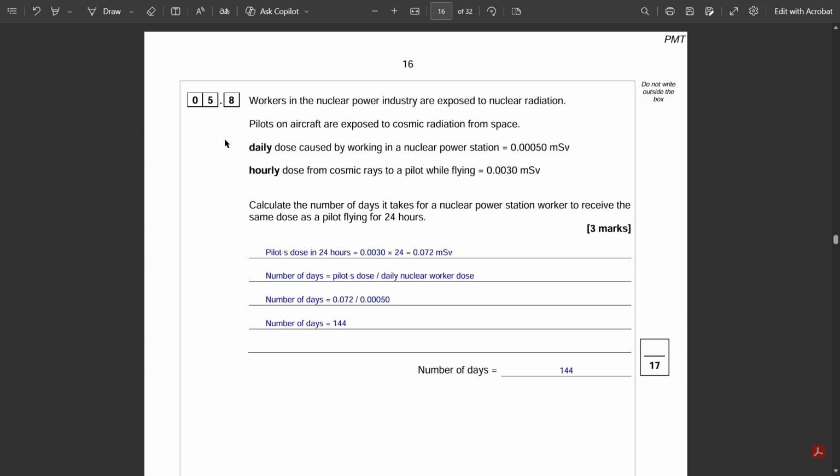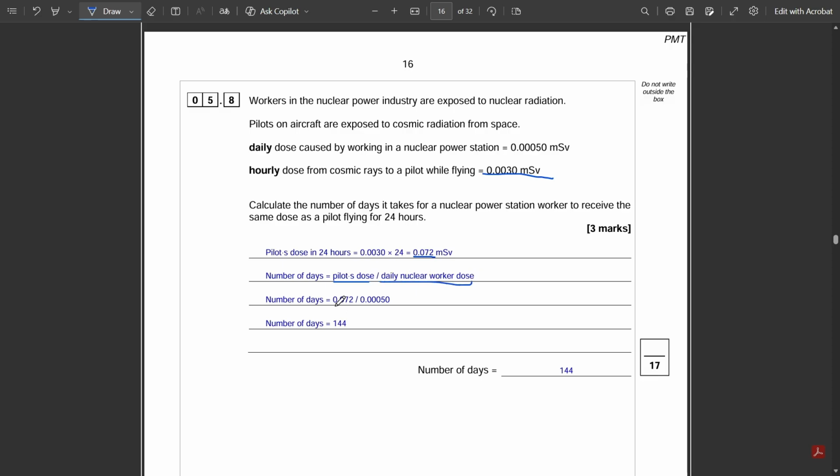Calculate the number of days it takes for a nuclear power station worker to receive the same dose as a pilot flying for 24 hours. Well, a pilot's dose in 24 hours is just this times 24 hours, getting 0.072 millisieverts, and the number of days equals the pilot's dose divided by the daily worker's dose.